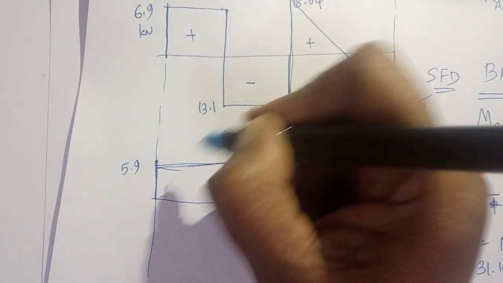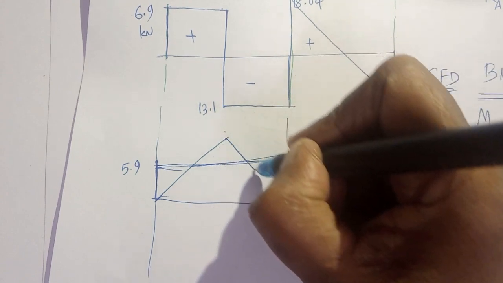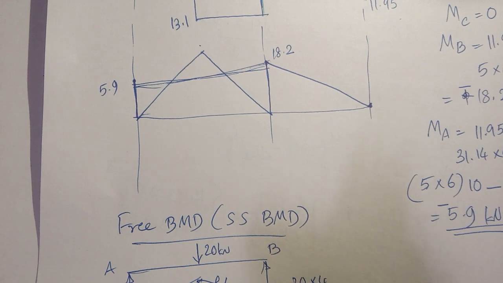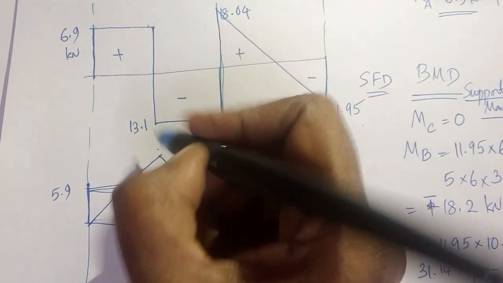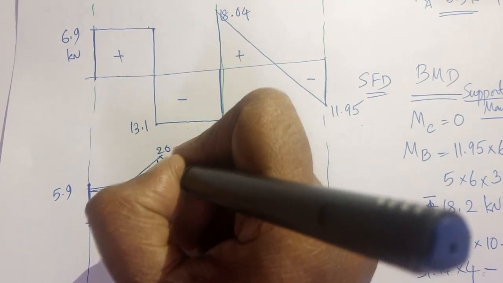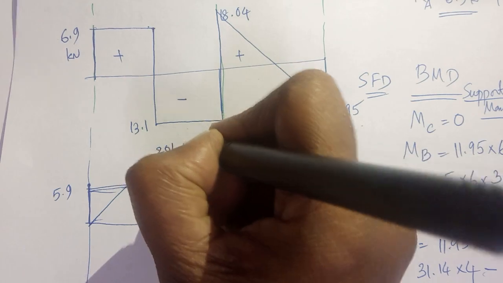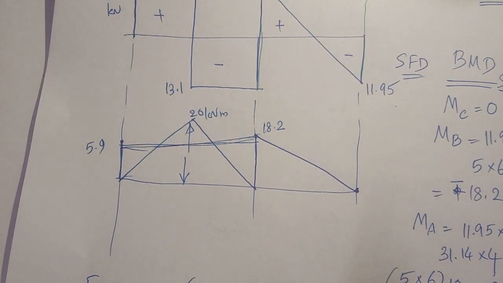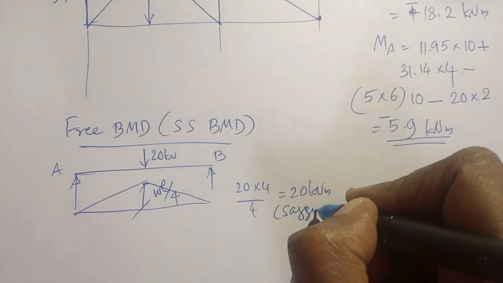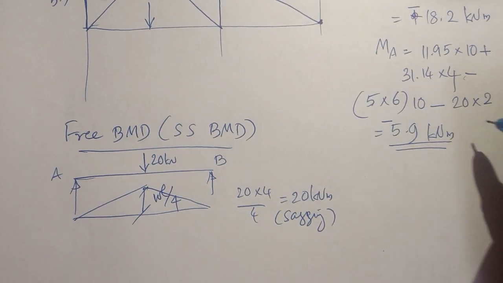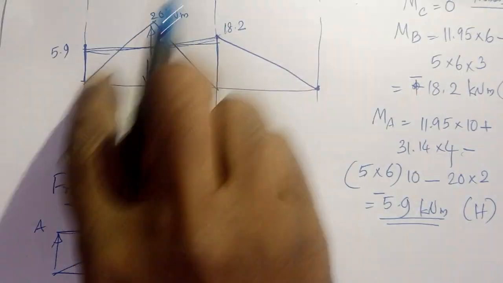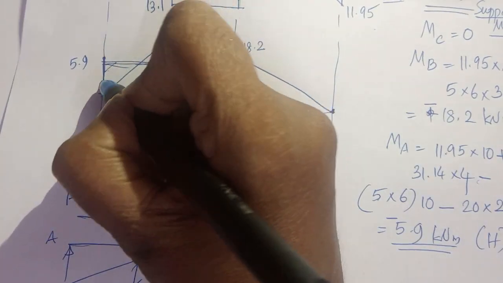So superimpose here WL by 4, 20 into 4 by 4 is 20 kilonewton meter. So this much value is 20 kilonewton meter. This is a sagging moment. This is hogging moment. These two are hogging moments. So we are superimposing the sagging moment diagram. So this is the net diagram.